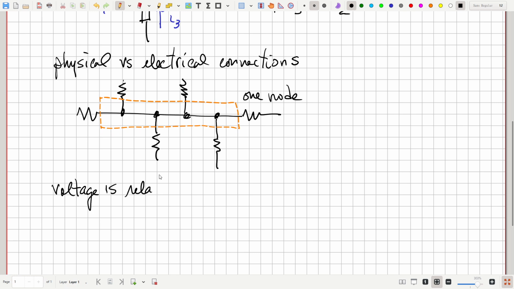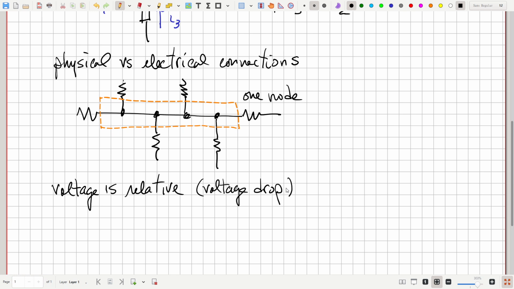Voltage is relative, right? So what really matters is voltage drop between 2 points, from one point to another.